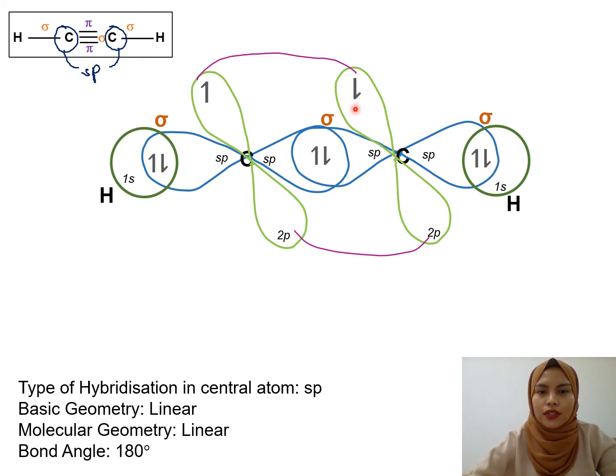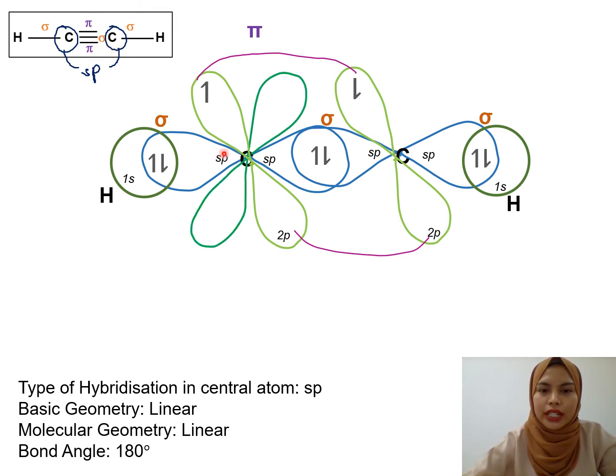elektron. So this gonna be the first pi overlap that describes the first pi bond between this carbon and this carbon. And the next pi overlap will be between satu single elektron di valence elektron di carbon yang berada pada 2p.